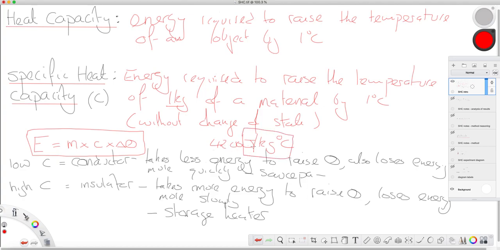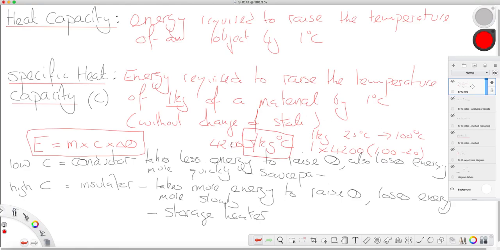So if I wanted to raise the temperature of, let's say, 1 kilogram from 20 degrees C to 100 degrees C, I would have 1 times 4,200 times that change in temperature, which is 100 minus 20, 80 degrees. So that's how you work it out.